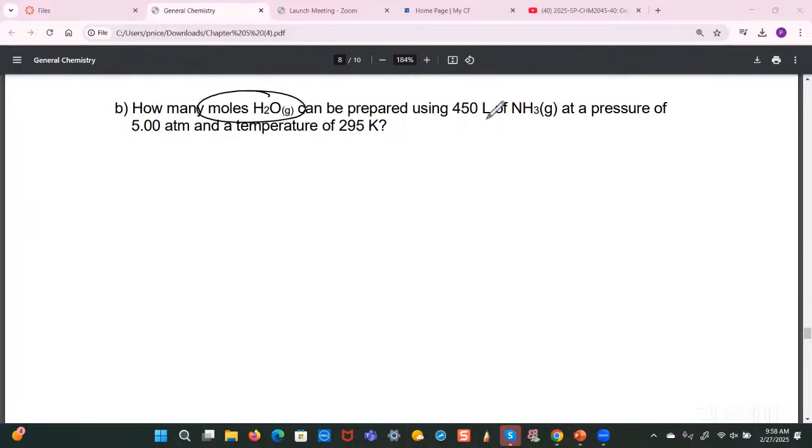Now they gave you the volume of ammonia, they gave you its pressure, and they gave you its temperature in Kelvin, right? So again, you're going to use the PV equals nRT equation. So let me hear what you have to say about this one. How would you solve this one? n is equal to? Okay. So this would be the number of moles of ammonia, right?